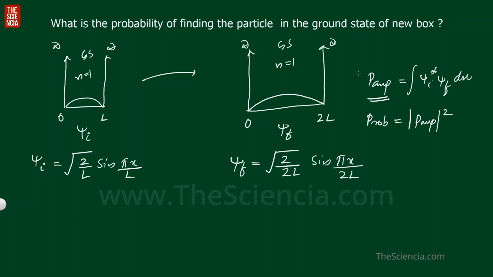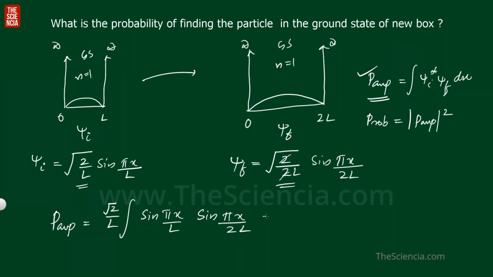So first we have to evaluate this integral, that is the probability amplitude equal to the integral of psi i star psi f. We can take the constant terms outside the integral. So the 2 and 2 cancel and the remaining we get root 2 by L into the integral of sin pi x by L into sin pi x by 2L dx.